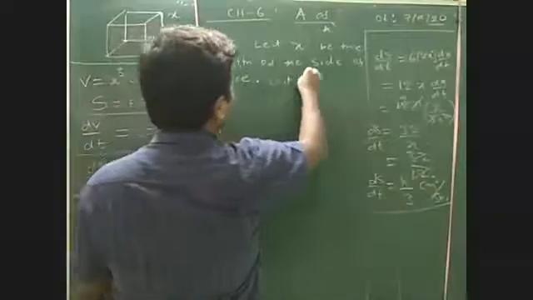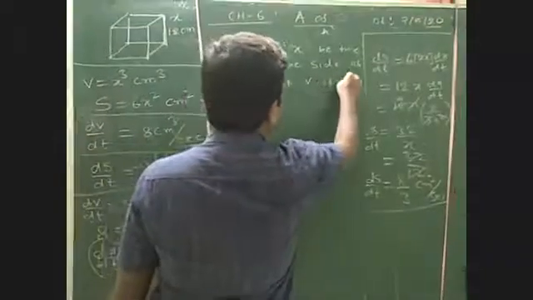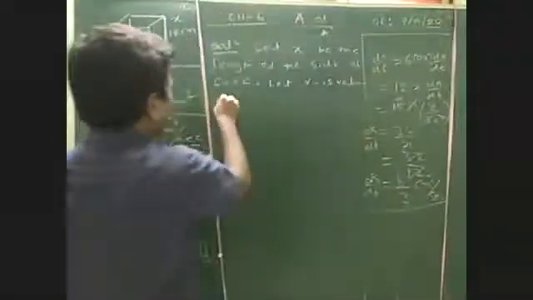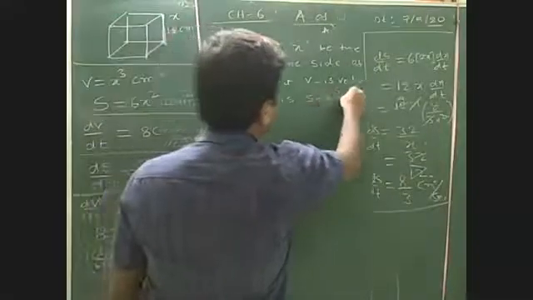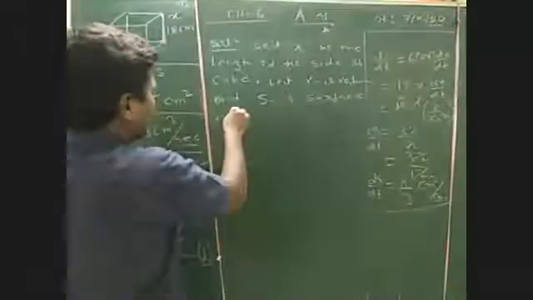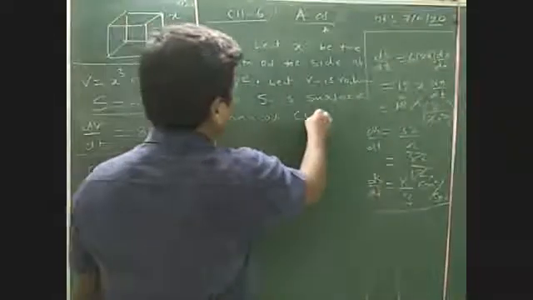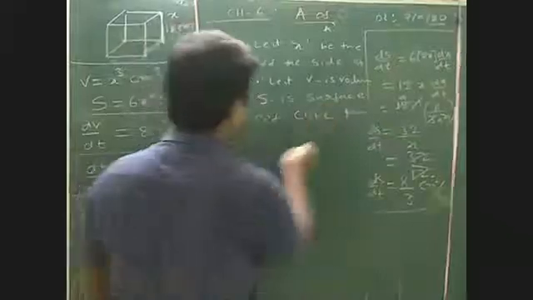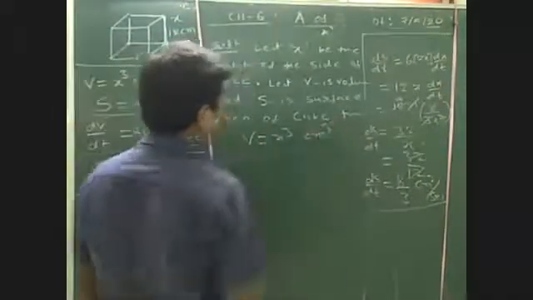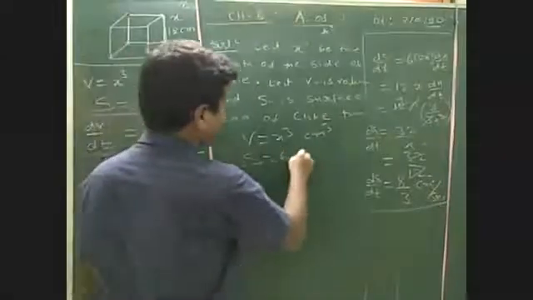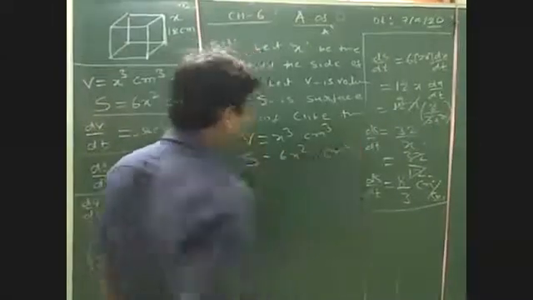Let V be the volume and capital S the surface area of the cube. Then write the formula. V is equal to x cube centimeter cube and S is equal to 6x square centimeter square, right?